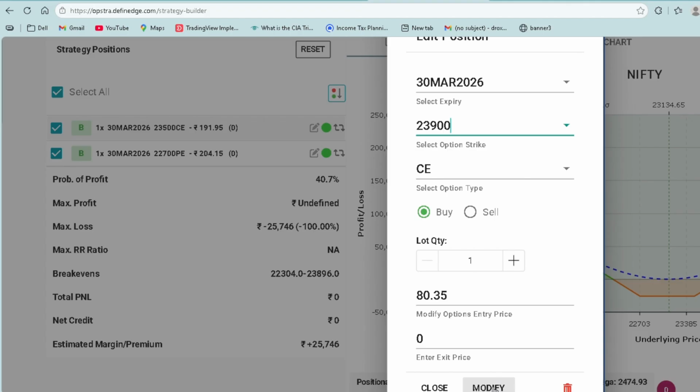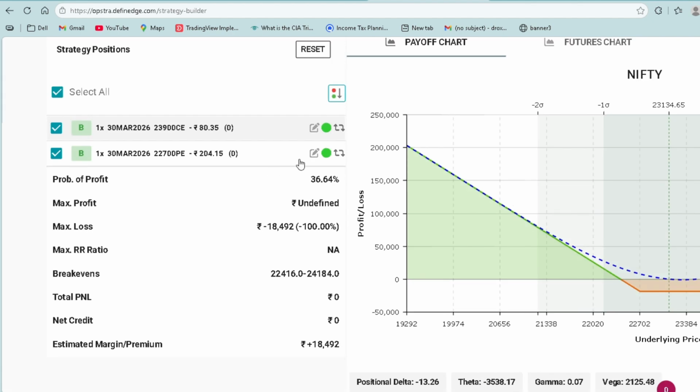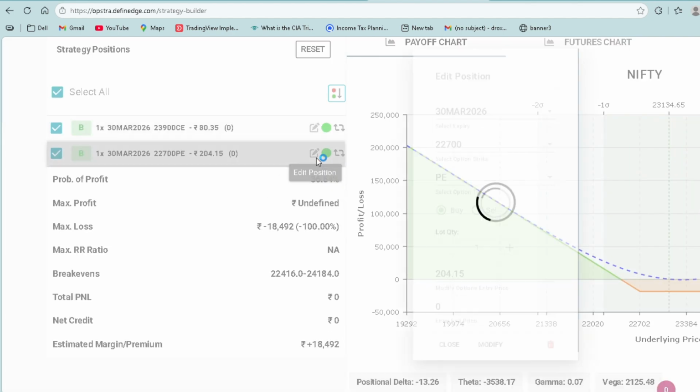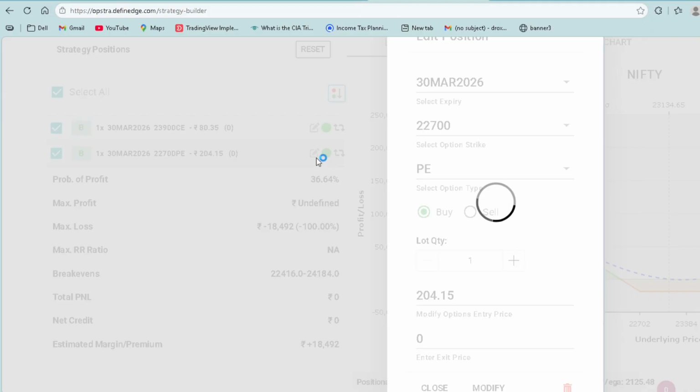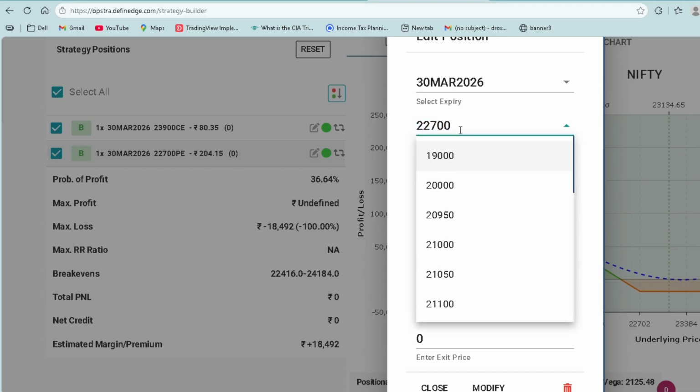Go to modify, and instead of 22,700, let's go to 22,300.